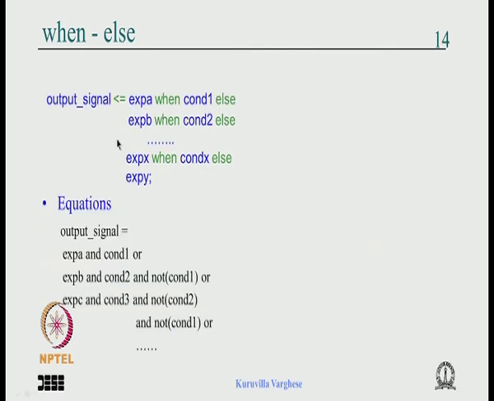Again I am not putting down some signal, it is still a little abstract. So you have an output signal and expression A when condition 1, else expression B when condition 2, else expression C when condition 3 and so on, okay. So the equation comes like this: output signal is expression A and condition 1.